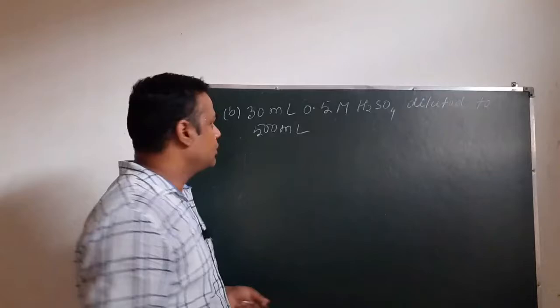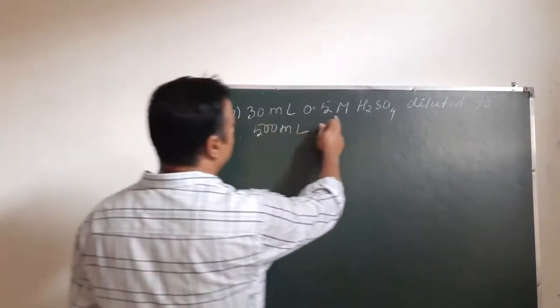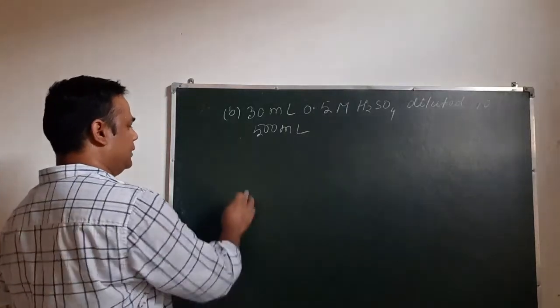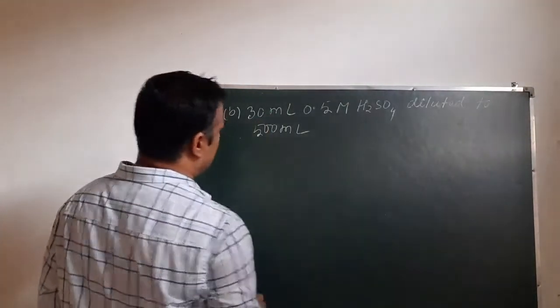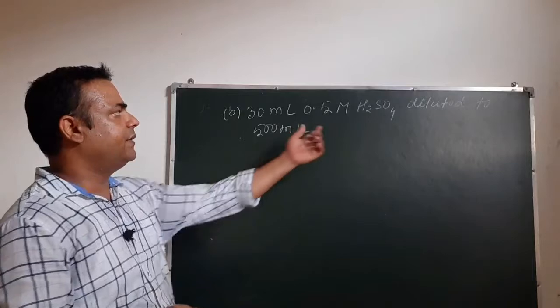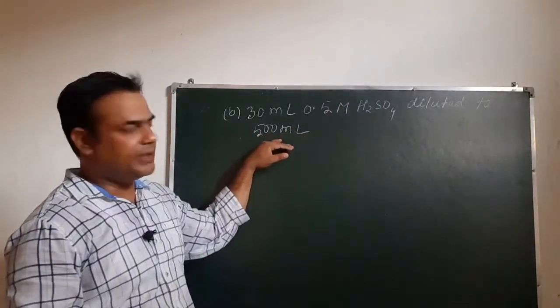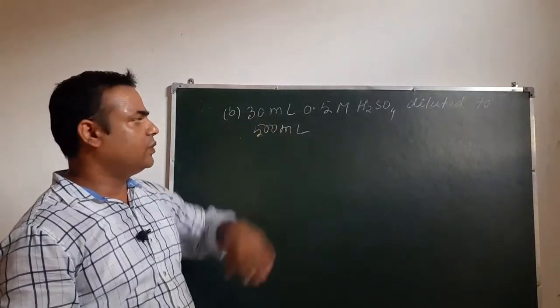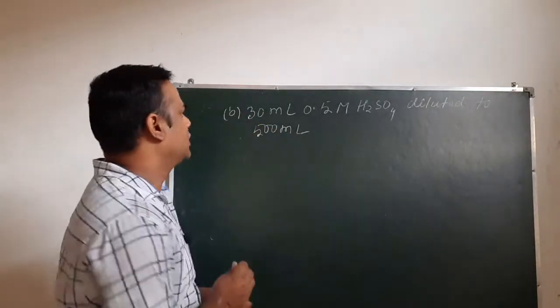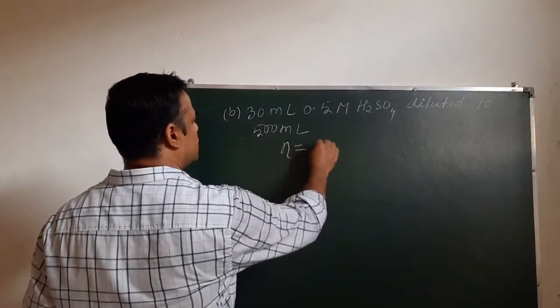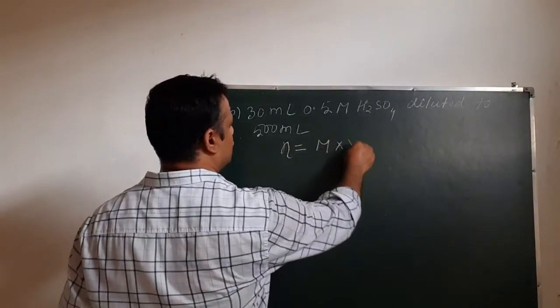In the next part of the question, 30 ml of 0.5 M H2SO4 is diluted to 500 ml. We have 30 ml of 0.5 M H2SO4 and by adding water it is diluted to 500 ml. Then we have to calculate the molarity of solution. So again for this we have to find the number of moles, and number of moles equals molarity into volume.